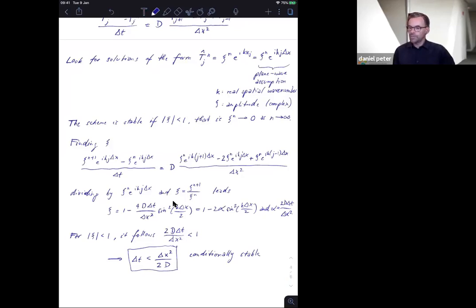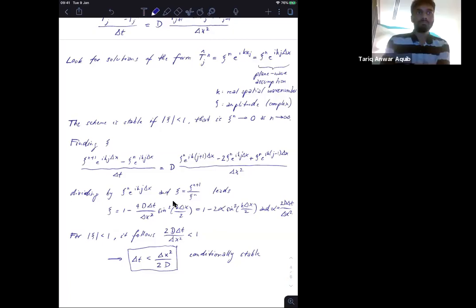What we see tomorrow is when we use the different scheme. So we had, what was it? Let's see tomorrow. So was it the backward scheme we used? Backward scheme and center scheme? Yes.